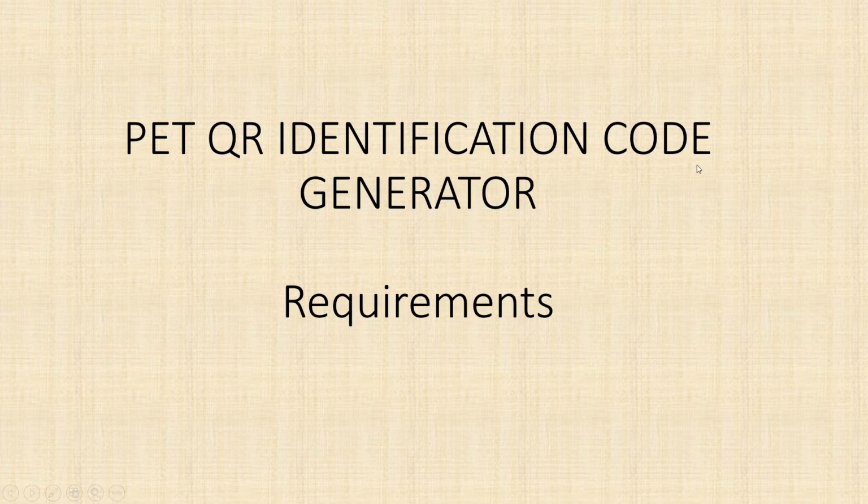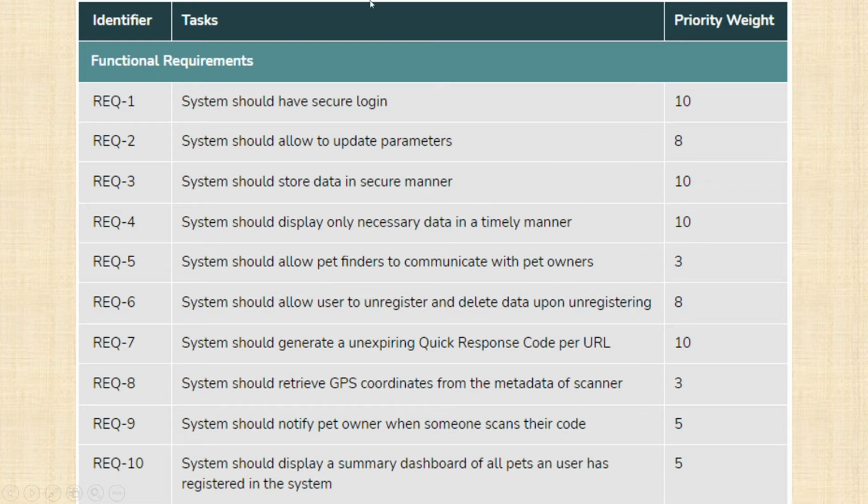The PetQR identification code generator requirements. The requirements are illustrated on this table where the requirement number or identifier is on the left, the description of the requirement is in the middle, and the weight of the requirement is to the right.